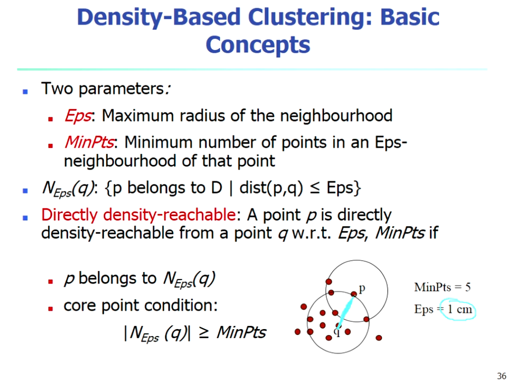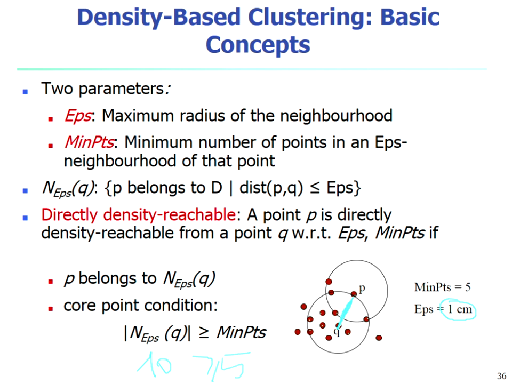So N_EPS of Q here, how many points belong to D with the distance between P and Q less than EPS? 1, 2, 3, 4, 5, 6, 7, 8, 9, 10.